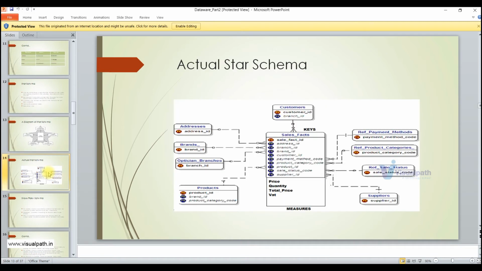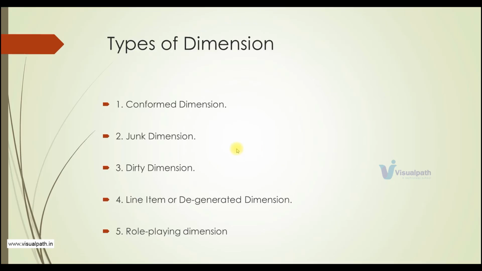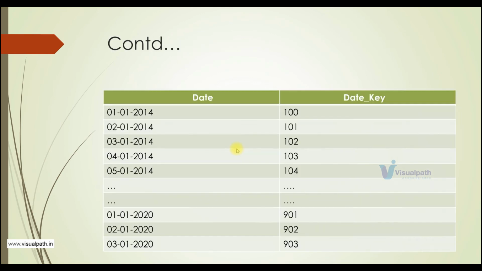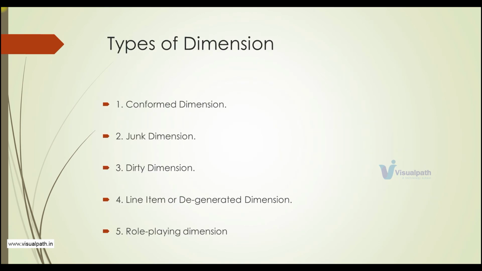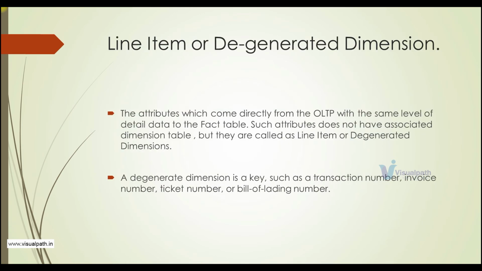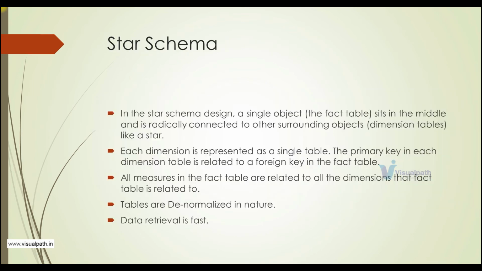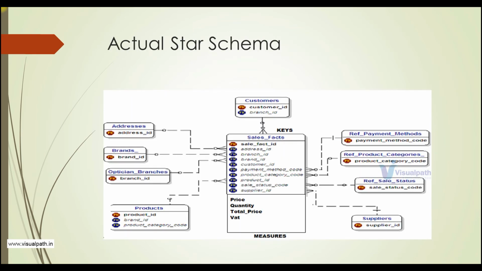So I could show you one more thing. So this is your actual thing here, if you see. See here, you can see your sales fact, where it contains the price, quantity, total price, VAT.